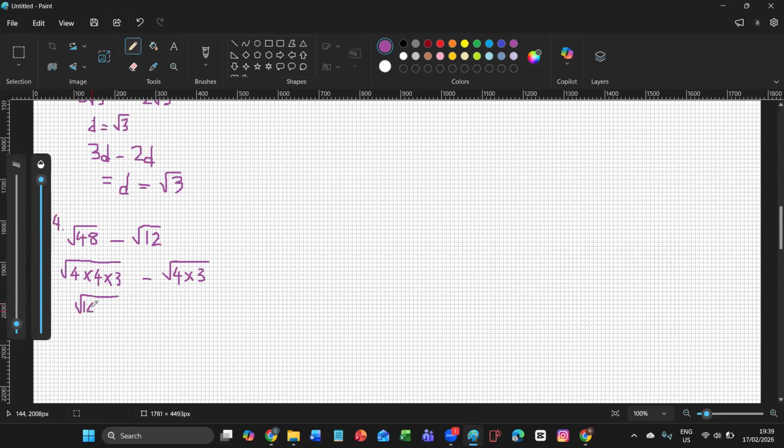And 16 times 3. 16 itself is a perfect square, whose square root is what? 4, right? So I can simplify this right hand side as 2√3 already without having to do it again.